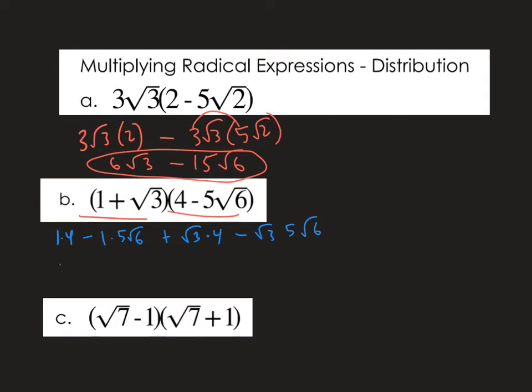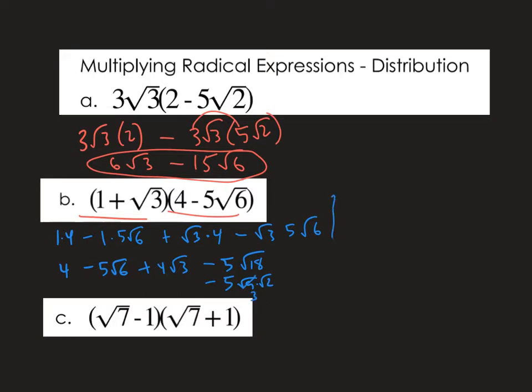1 times 4 is 4. Negative 1 times 5 rad 6 is minus 5 rad 6. Rad 3 times 4 is just plus 4 rad 3. And rad 3 times 5 rad 6 is going to be minus 5 rad 18. Okay, so now what do I notice? I notice that the rad 18 can be broken down into 5 rad 9 rad 2, which is a 3.